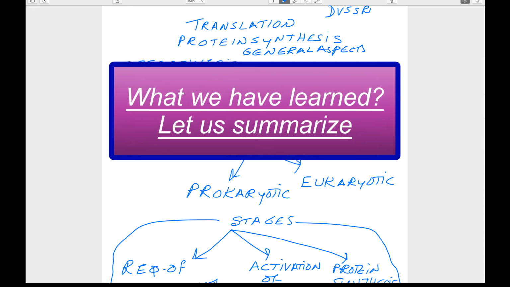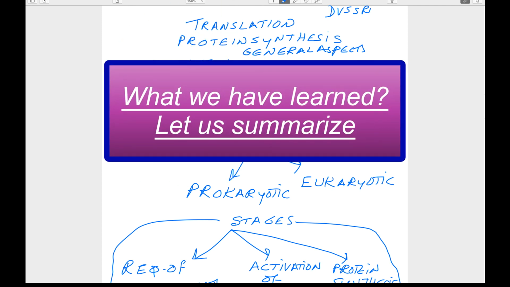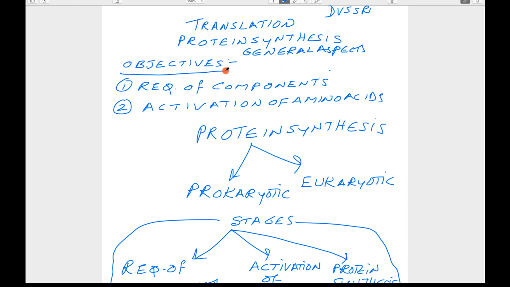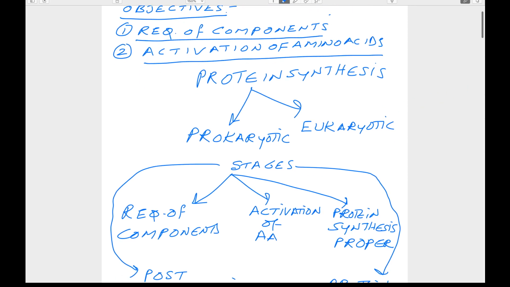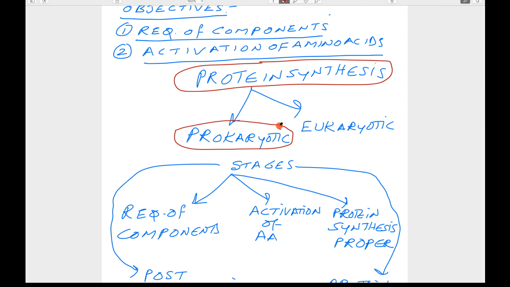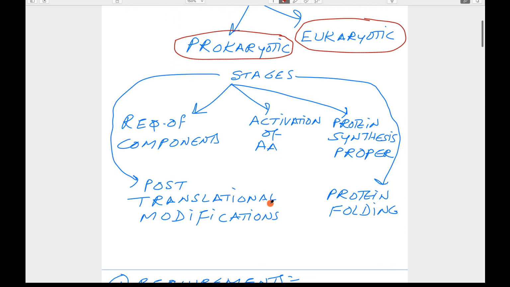Now I will summarize the general aspects regarding translation or protein synthesis. We set two objectives. One is the requirement of components. The second one is activation of amino acids. Protein synthesis, both in the prokaryotic system and the eukaryotic system, we'll be studying. In the eukaryotic system, protein synthesis is much more complex than in the prokaryotic system.